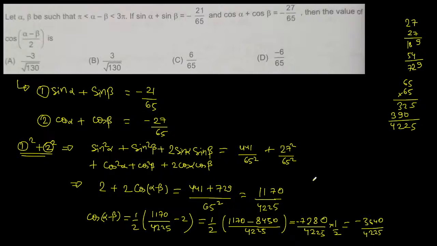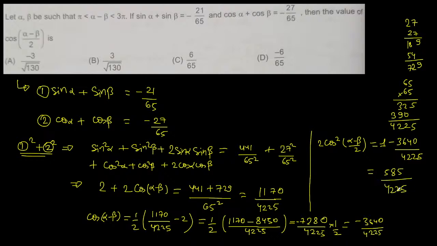Now, do we have space? No, we don't have space ahead, so we'll solve it here. 2 cos square alpha minus beta by 2 is 1 minus 3640 over 4225, which is 585 over 4225, divided by 1 by 2.